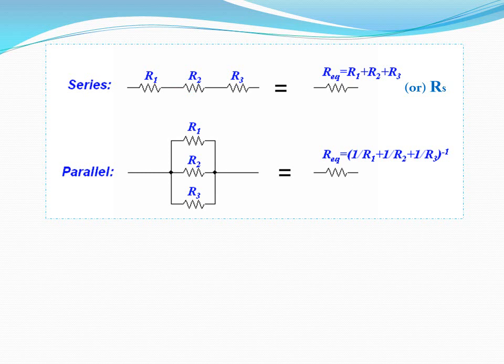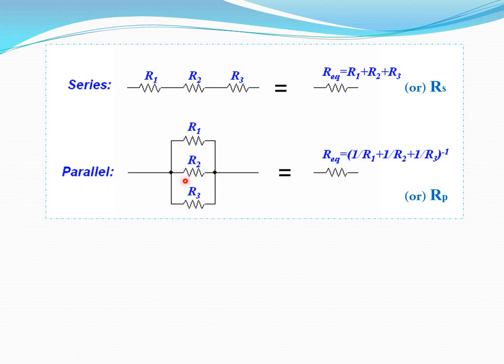When the resistors are connected in parallel, the equivalent resistance, denoted by Rp, is equal to (1 by R1 plus 1 by R2 plus 1 by R3) to the power minus 1. The potential difference across each resistor is the same.